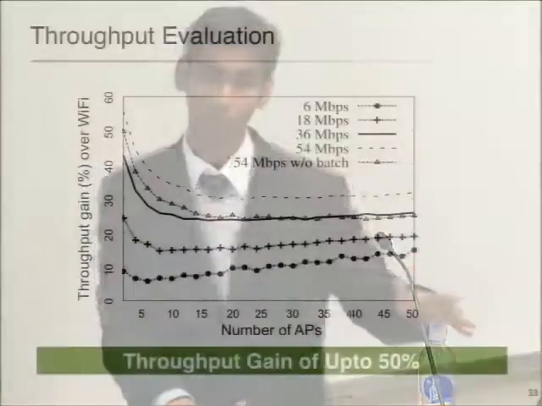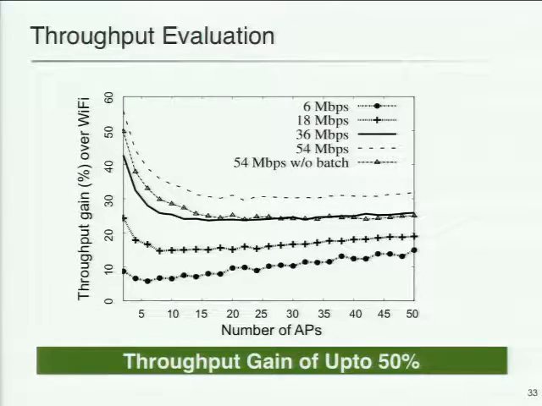So if we can detect subcarriers, how much throughput gain can we have over Wi-Fi? Here I'm showing you on the y-axis throughput gain over Wi-Fi as I increase the number of access points on the x-axis. As you can see, we have higher gain at higher rates. Why is that the case?